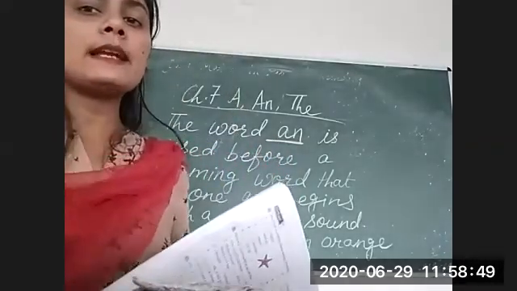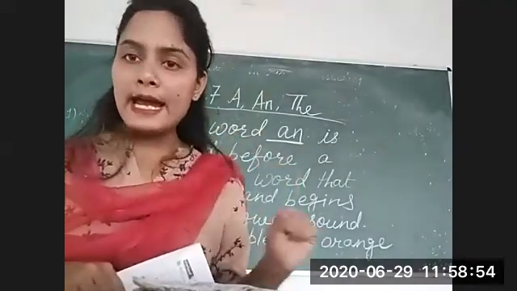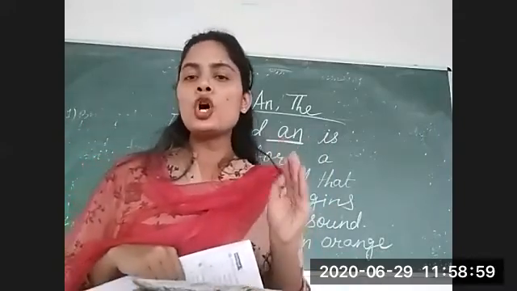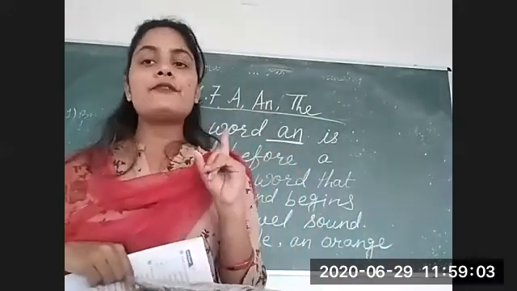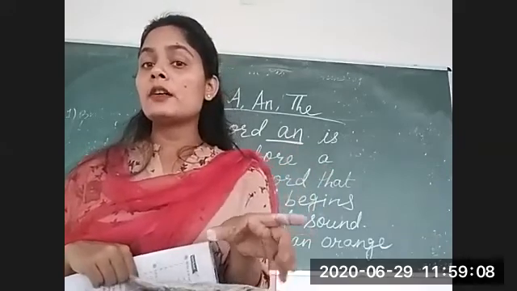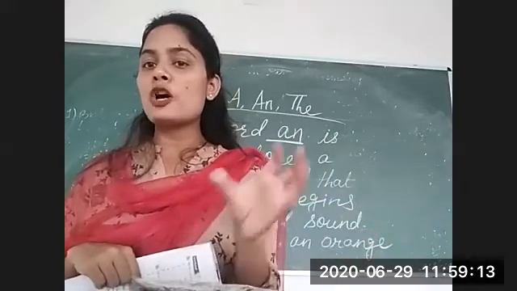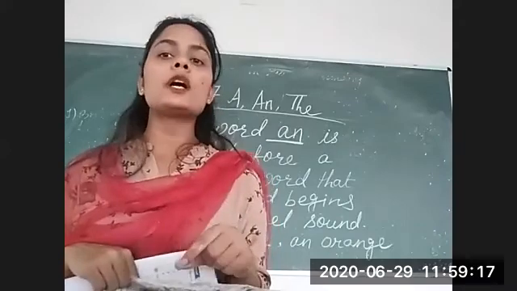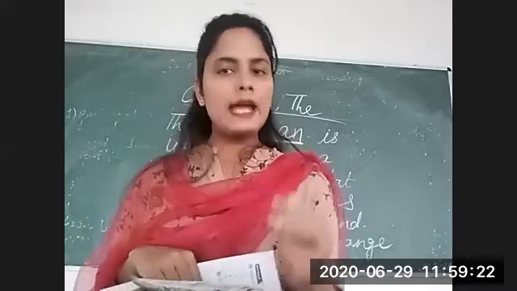Then you understand that yes, I have to use the word An before orange. So whenever you are using A or An, first you speak the word. If the word sounds like a consonant, then you will use A, and if the word sound is a vowel, then you will use An.